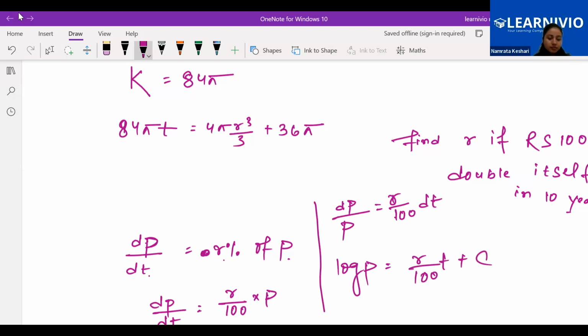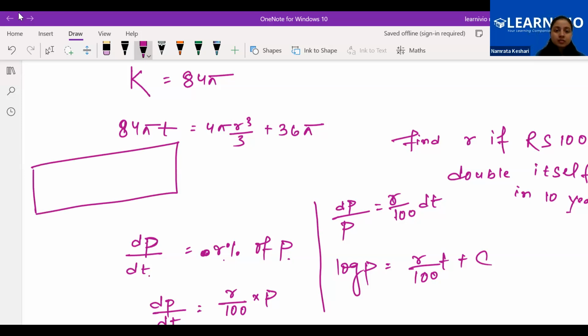What does the condition say? The condition says that we have to find the value of R, if rupees 100 doubles itself in 10 years.